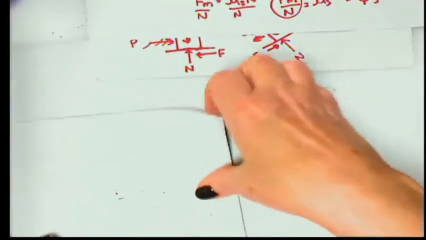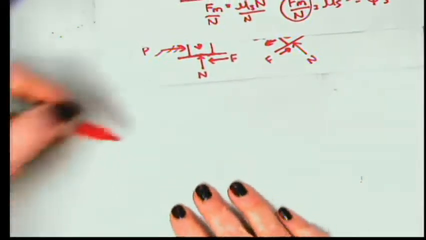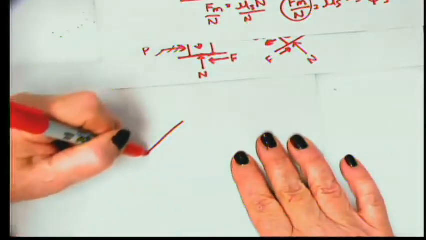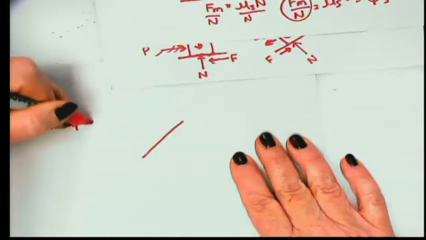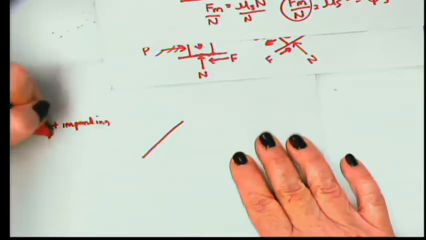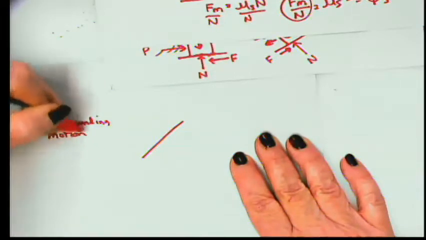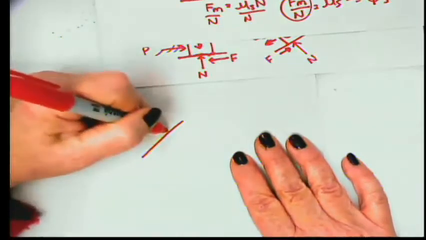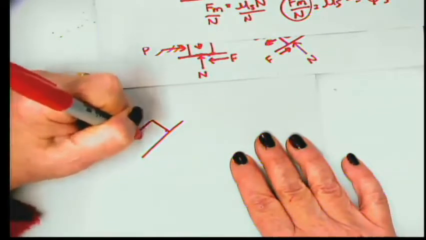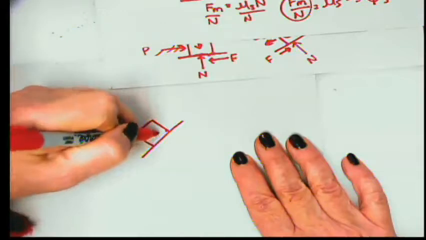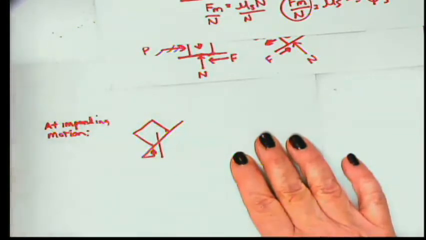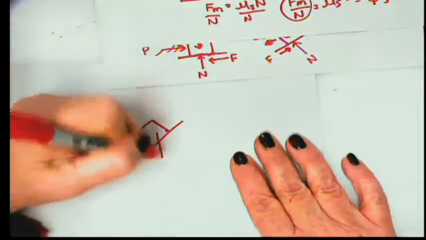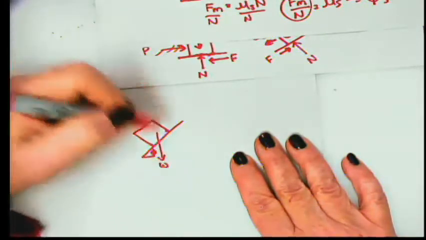So I'm going to draw a better free body diagram on this. And we're going to say at impending motion, so we've raised that inclined plane to the point where it's just beginning to slide, we have, and we're going to call that phi. So this is the weight.